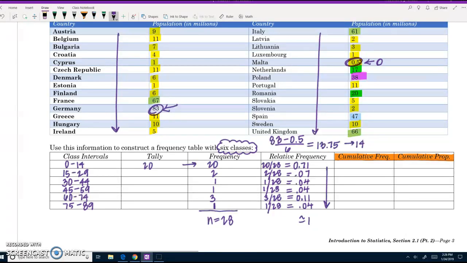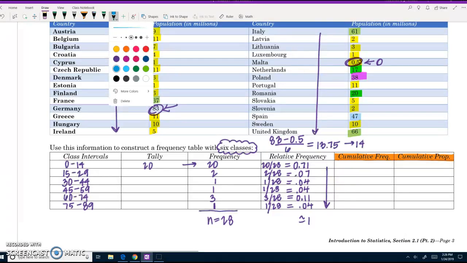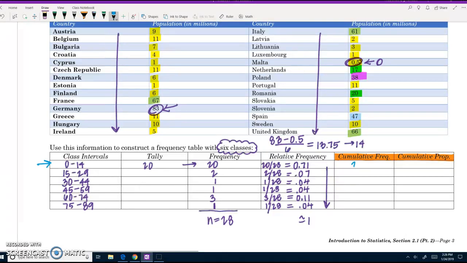So when we begin our tally, we look at the range of values from 0 to 14. So first off, I consider how many values there are in that interval. So from 0 to 14, we start off with 20 countries that have a population in that range between 0 to 14 million. Then when we take a look at the next category, we're not just going to consider 15 to 29 million by itself.